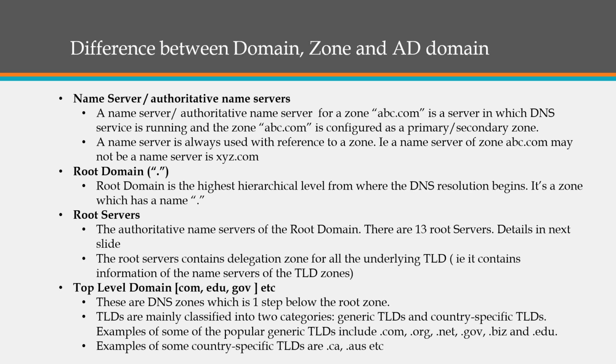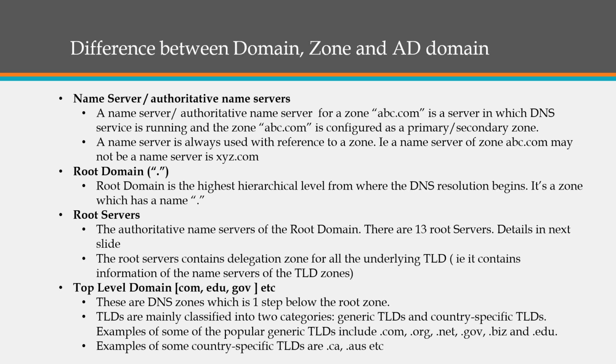A name server or an authoritative name server for a zone abc.com is a server in which DNS service is running and the zone abc.com is configured as a primary or as a secondary zone. What the primary or secondary zone is, we will be covering in this video.